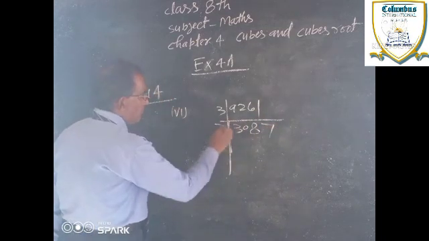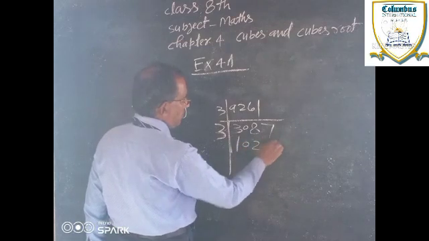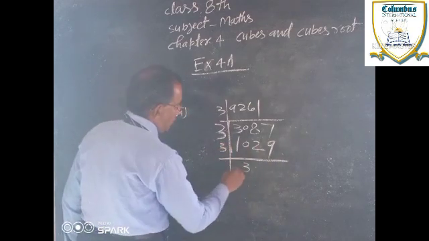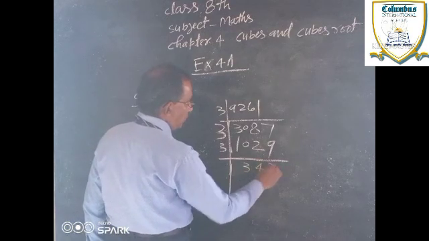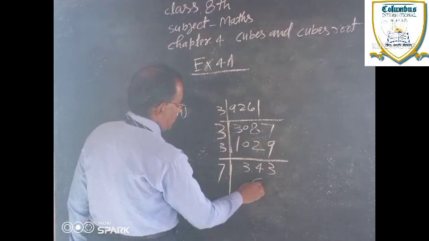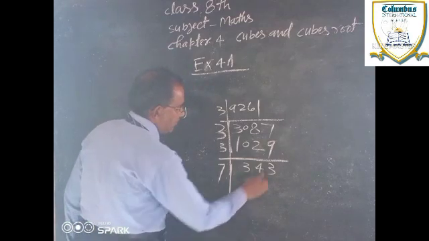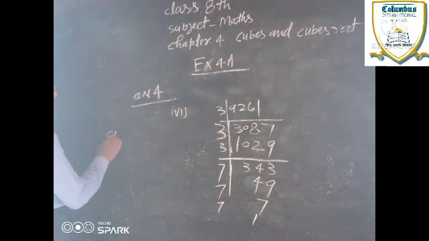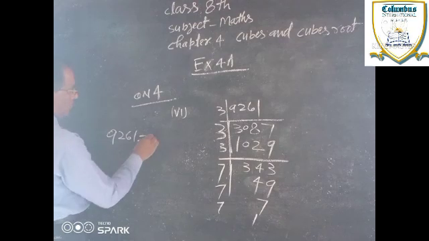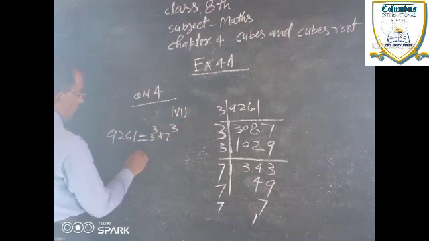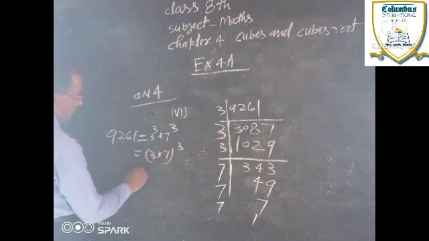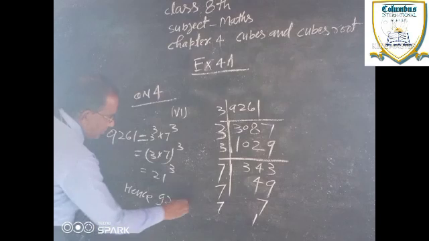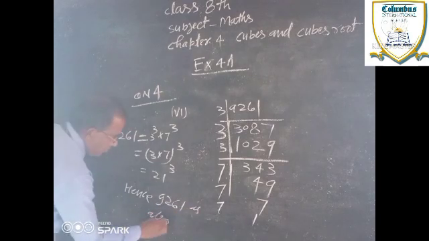Now again by 3, 3 1s are 3, 3 2s are 6, 2 7, 3 9s are 27, and 9 2 is 11, 1 is 12, again by 3, 3 3s are 9, 3 4s are 12, 3, and by 7, 7 6s, 7 4s are 28, 6 3, 7 9s, and by 7, 7 1s. So 9261 equals 3 cube into 7 cube, that is 3 into 7 whole cube, that is 21 cube. Hence 9261 is also a perfect cube.